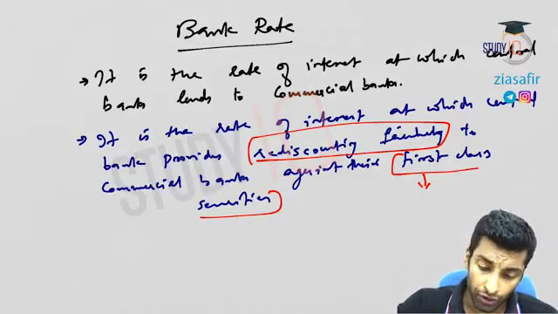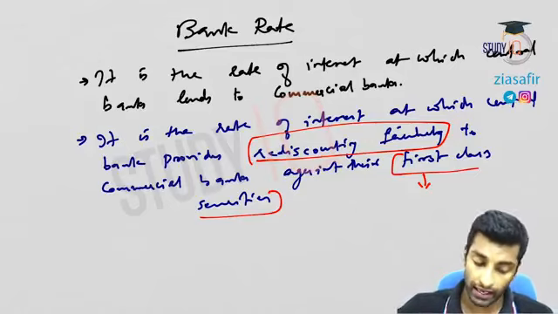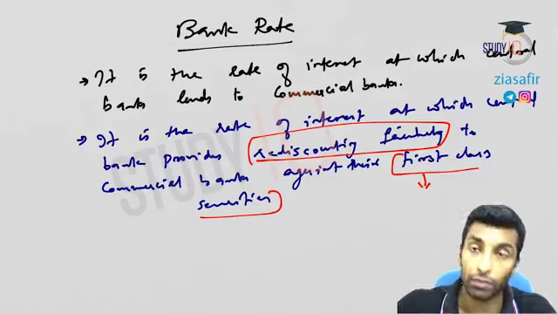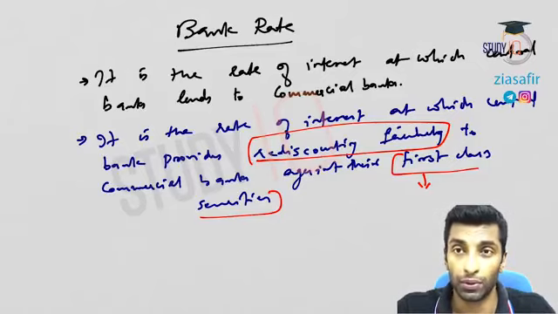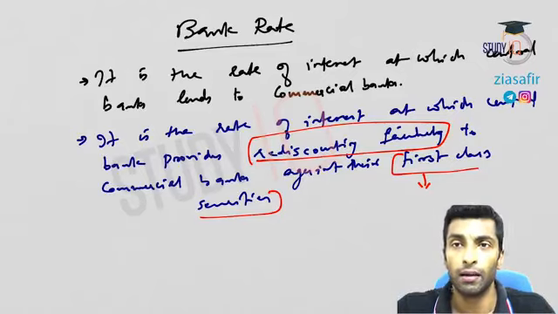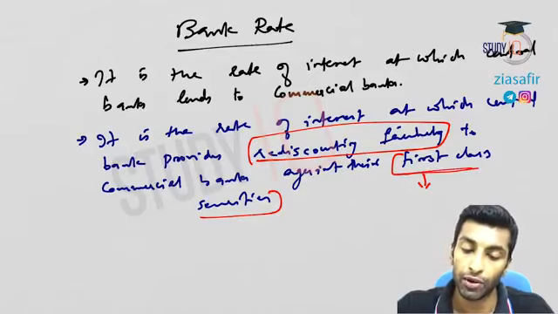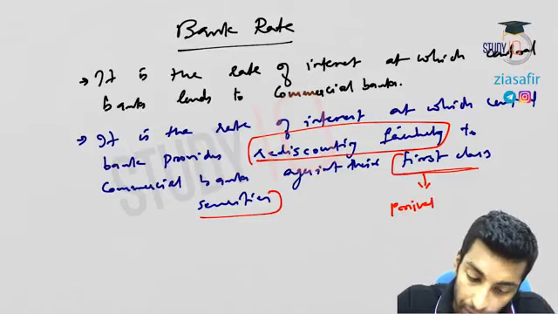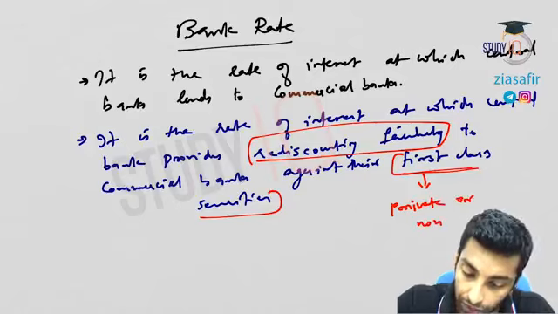Now what do you mean by first class securities? These are the private sector or non-government securities. See, we have already talked about government securities when we discussed about SLR. Banks have to maintain SLR in the form of government security or gold or cash, but banks prefer government security. Here I am talking about first class security. First class means private or non-government securities.